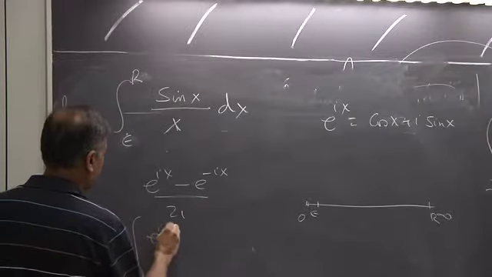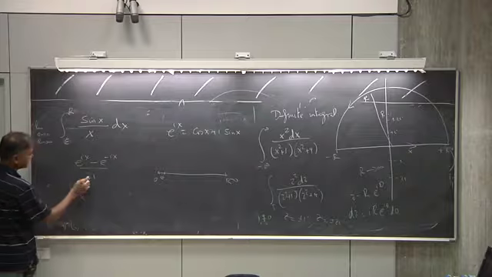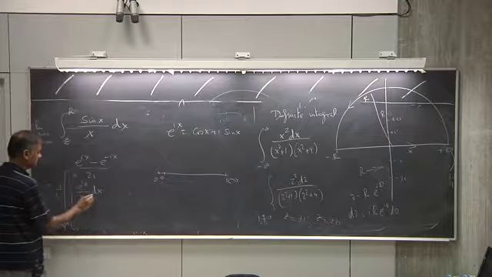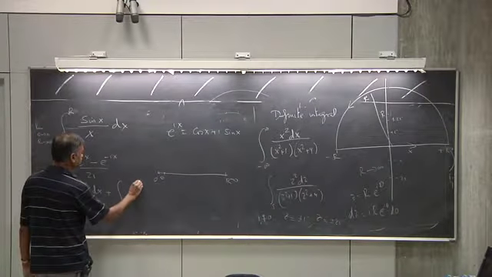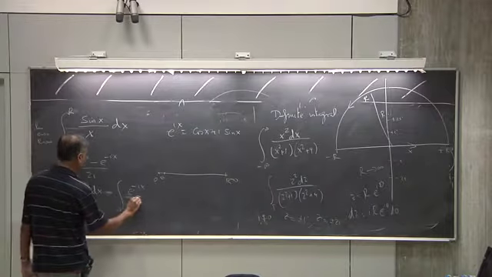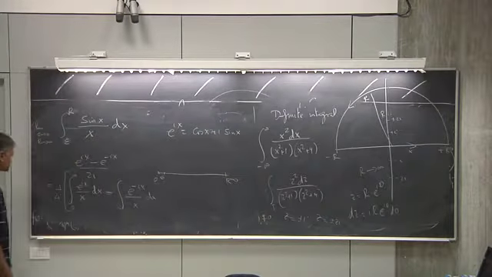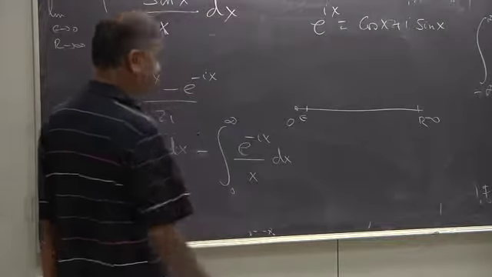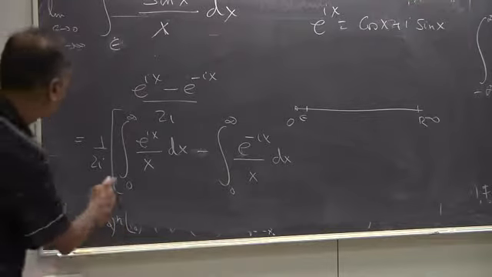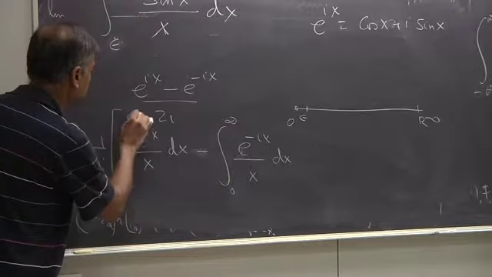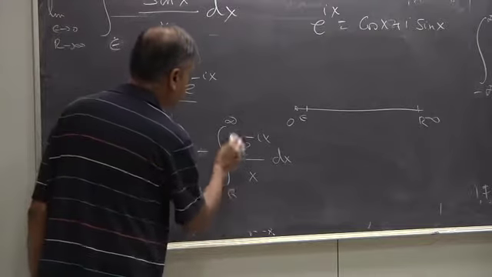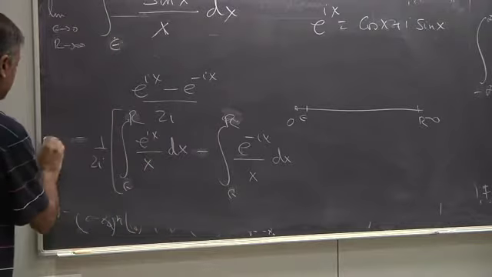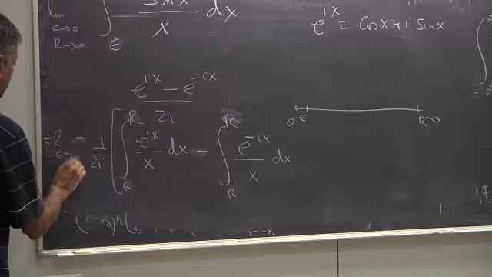One will be e to the ix over x, with a 1 over 2i, dx, and then another term which will be minus e to the minus ix over x dx, both from epsilon to capital R. And then take the limit, epsilon goes to 0, R goes to infinity.